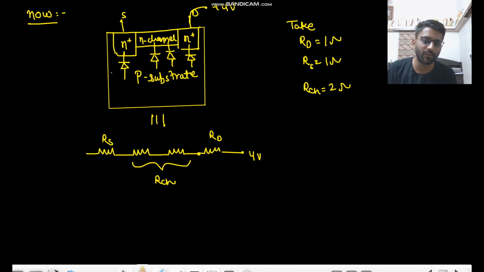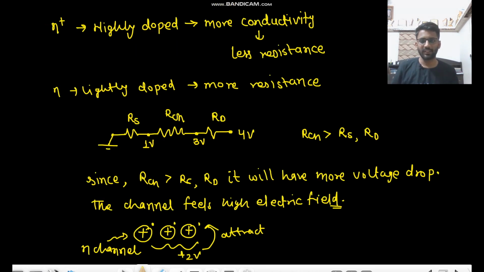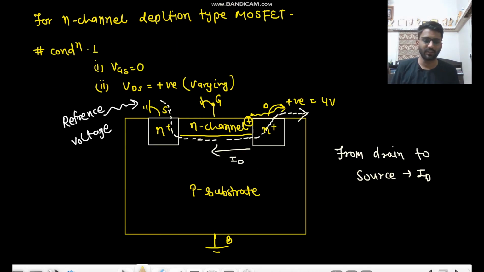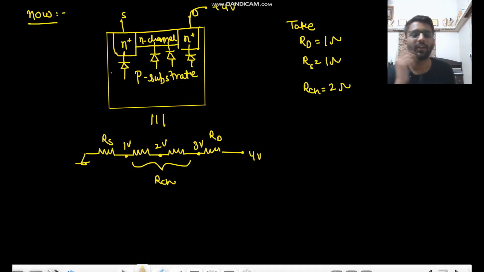So here we will have 4 volt, 3 volt, 2 volt, 1 volt, and this will be grounded, right, because the source side is grounded. Now what you see here is that you can assume a PN junction, a diode.